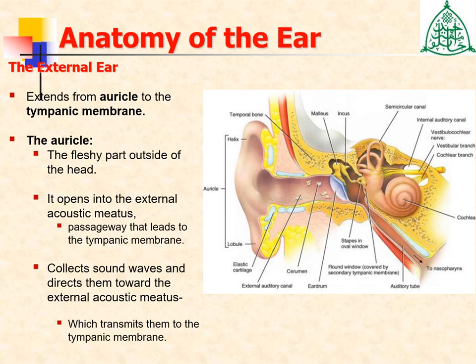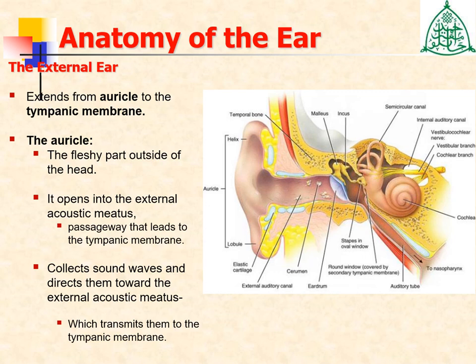Now, looking externally here, we have the auricle. The auricle is cartilaginous in nature, made up of elastic cartilage. It is found outside the body, and this auricle opens into the external acoustic meatus.